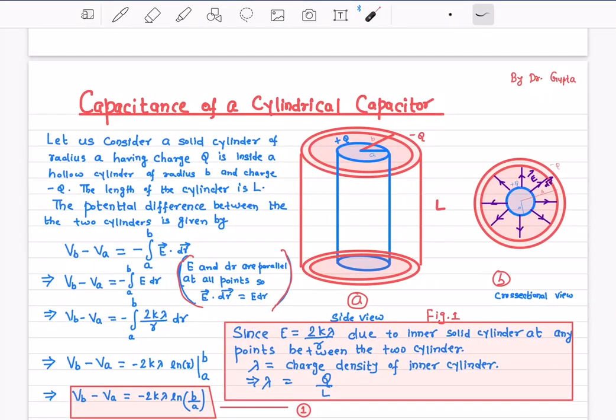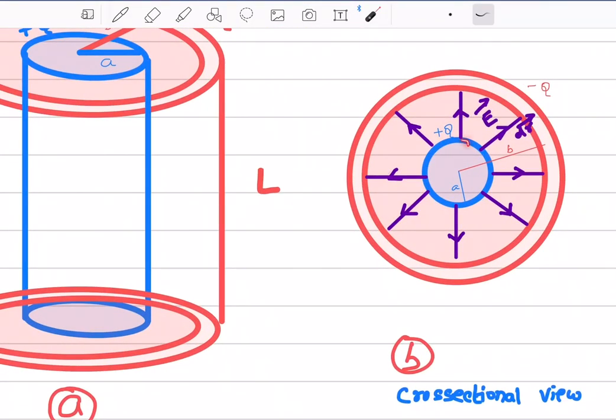Now if you look at the electric field inside the solid cylinder, the electric field inside is 0. Why is that? You just have to use Gauss's law. If I use any Gaussian surface here, then the total charge enclosed by this surface is 0, so there is no electric field inside.